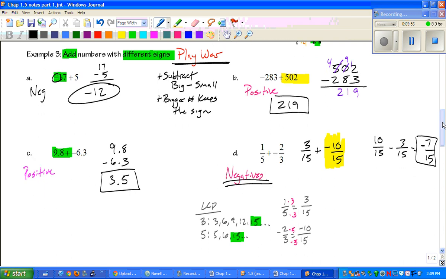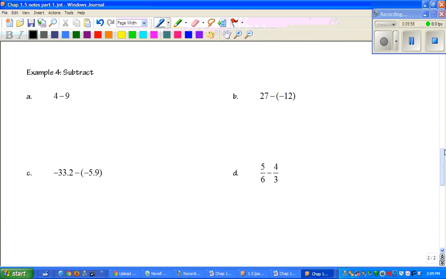All right, let's move on to example number 4, where these are just going to tell us to subtract. Anytime we see a subtraction, we're going to add the opposite. We want to change everything to addition so we have a better idea of what it's actually asking us.